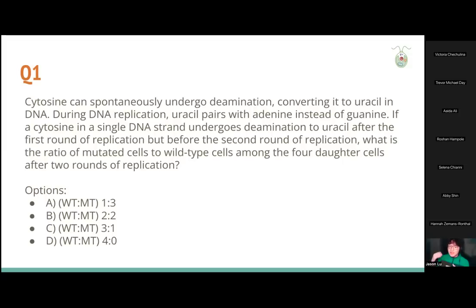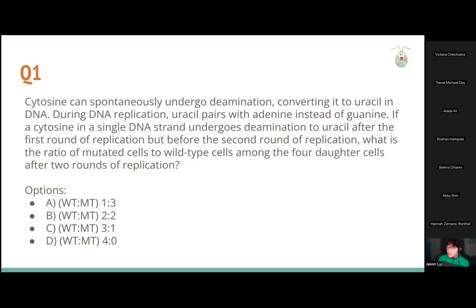It's because the deamination happens only in one of these cells. So that one okay cell will pretty much divide again in our second round of replication and give us 2 daughter cells. So in this entire scenario, we are guaranteed to have 2 normal wild-type cells no matter what. That essentially removes option A from contention.